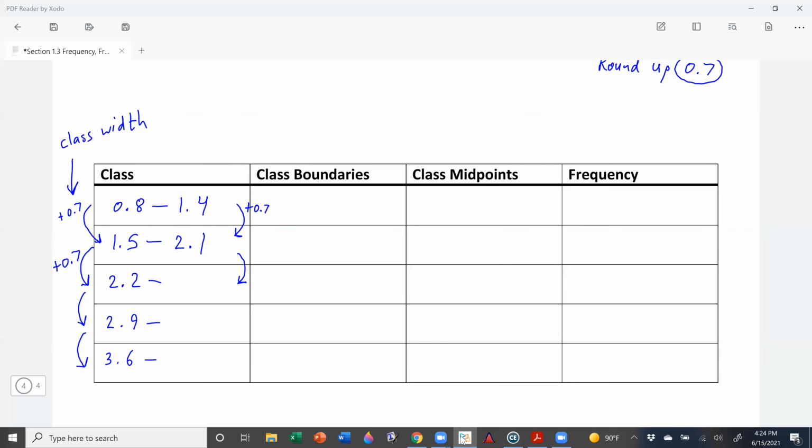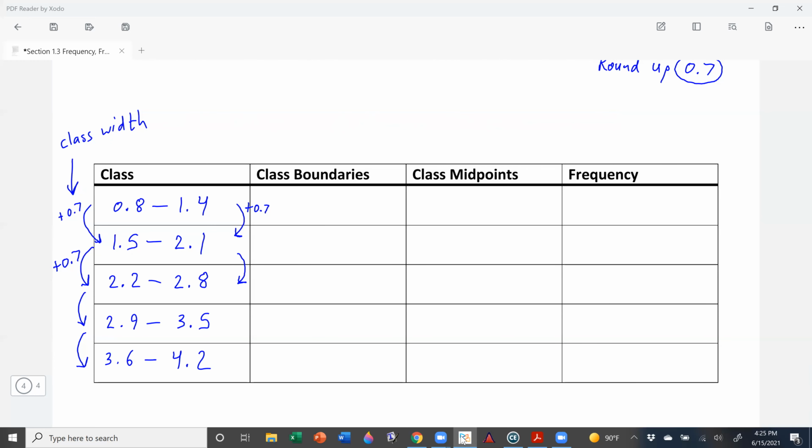And then if I go 2.1 plus the 0.7 again, we get 2.8, which is right before we get to 2.9. And then plus 0.7 again, 3.5, right before we get to the 3.6. But then we need to go one more time, and it ends at 4.2. All right, so those are the classes.